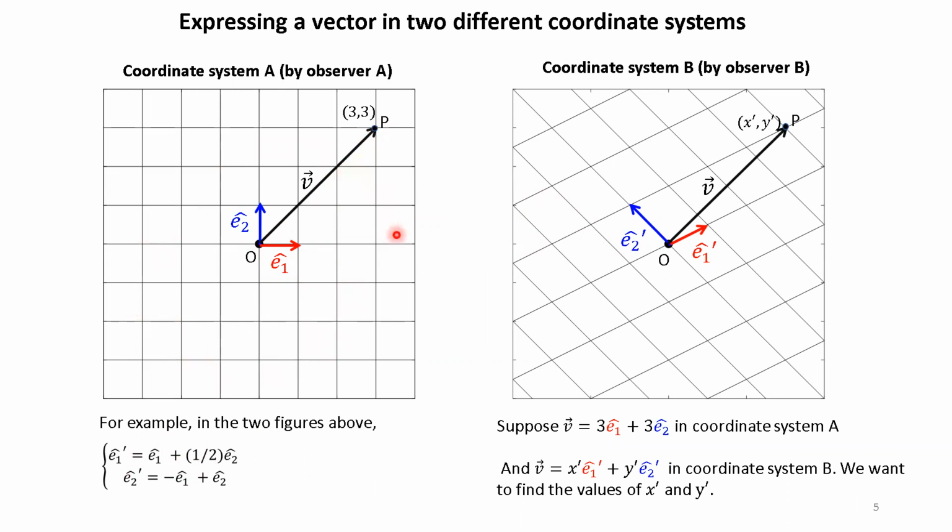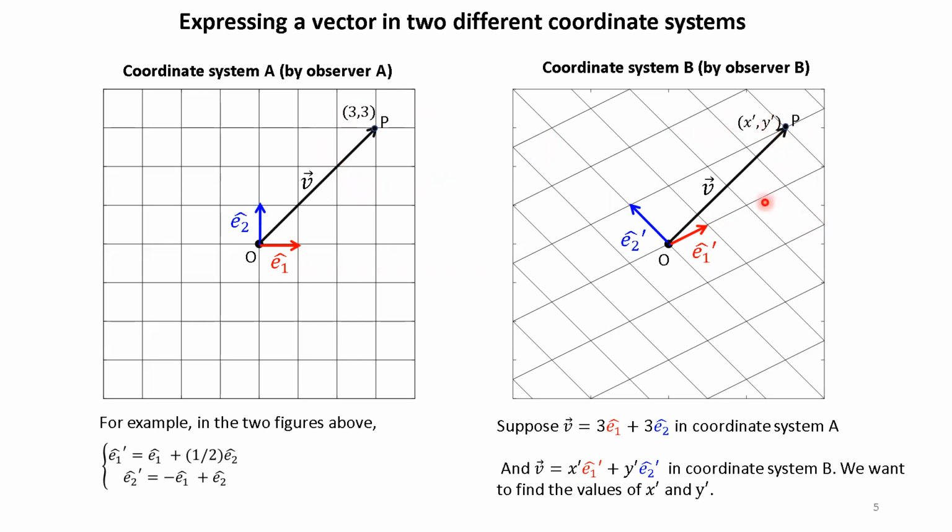Then I want to know how we can express the same vector in the other coordinate system. In fact, if you look at the grid lines, you know the answer already. What is this in this coordinate system? That is 1, 2, 3, 4 steps over here, and then 1 step up here. So x prime is 4 and y prime is 1, as opposed to 3, 3 here.